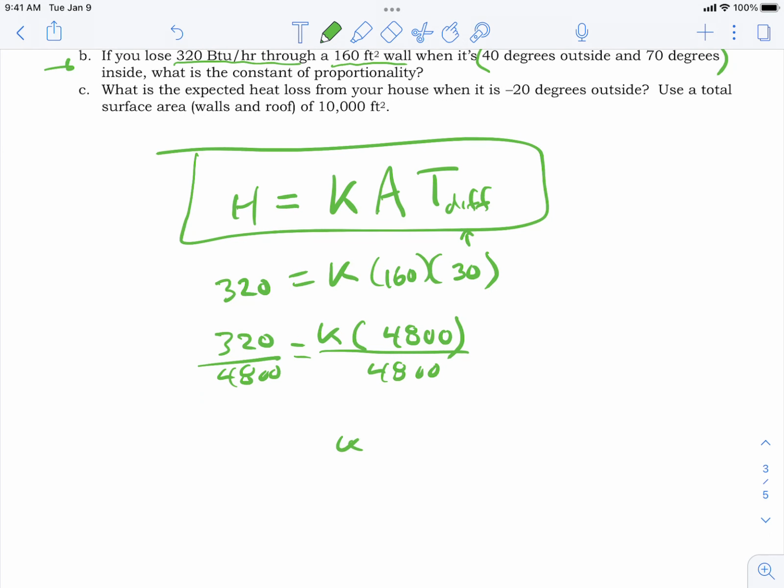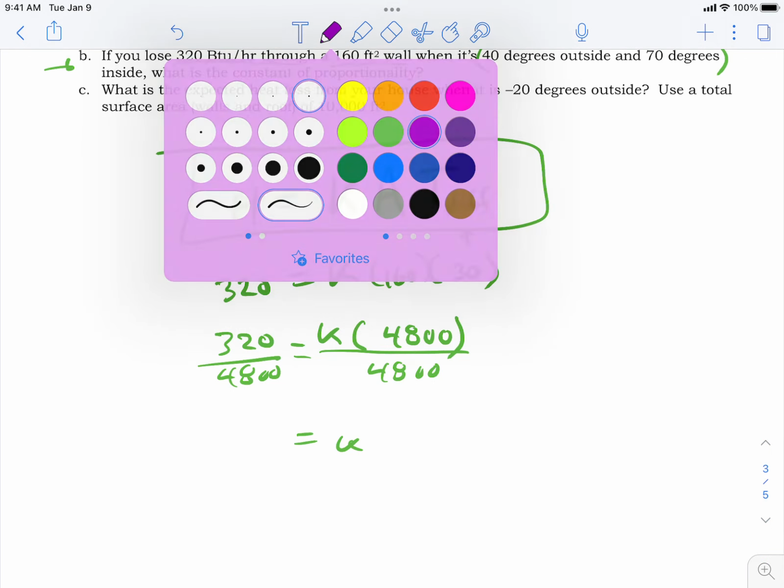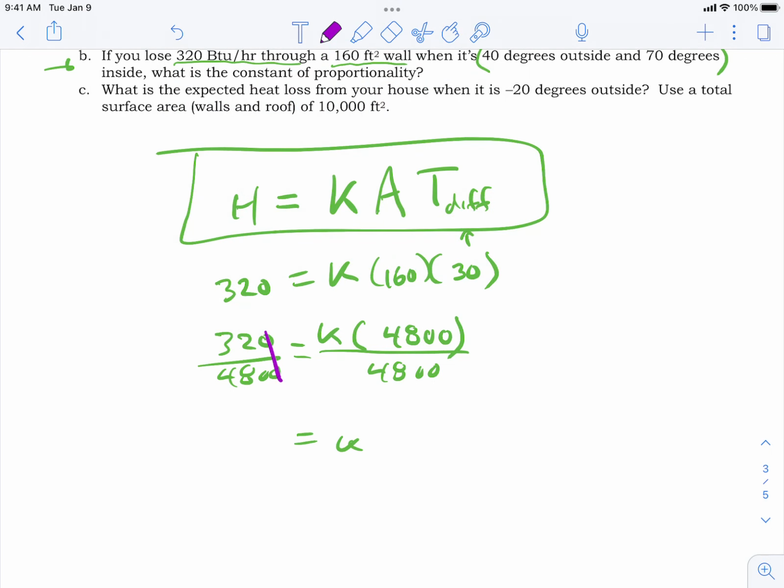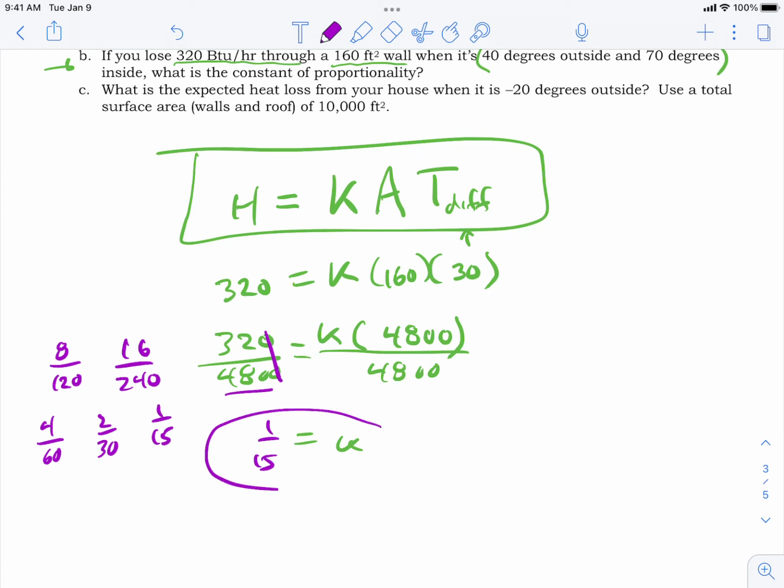And so you end up with K equals, and I'm a little old-fashioned, so I'll just cancel some zeros here. 32 and 48 can both be divided by 2. That's not 48, that's 480. So that would be 16 over 240. Divide by 2, that's 8 over 120. Divide by 2, that's 4 over 60. Divide by 2, that's 2 over 30. Divide by 2, that's 1 over 15. K is 1/15.